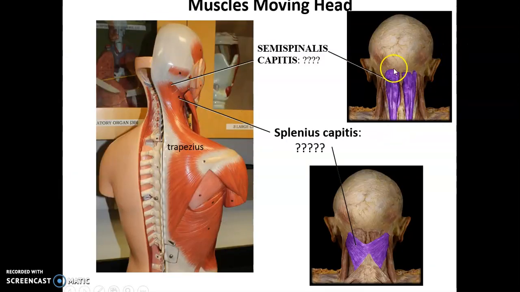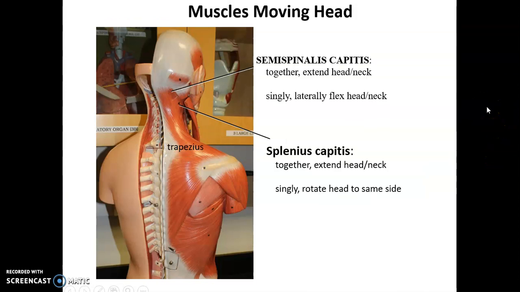Flipping to the posterior side of the neck, underneath the trapezius muscle, we have these two small muscles, semispinalis capitis and splenius capitis. Both of these are inserting into the skull, into the occipital bone or temporal bone.